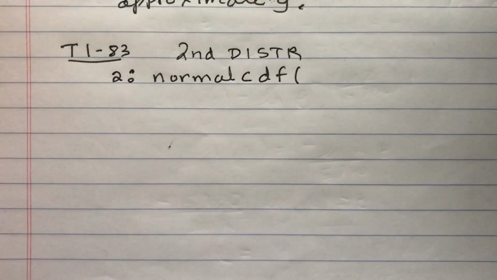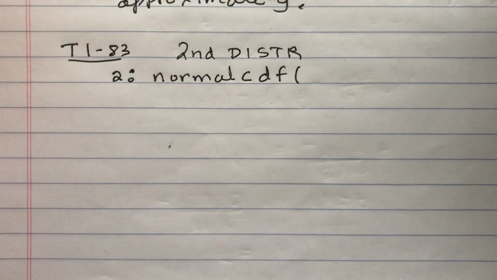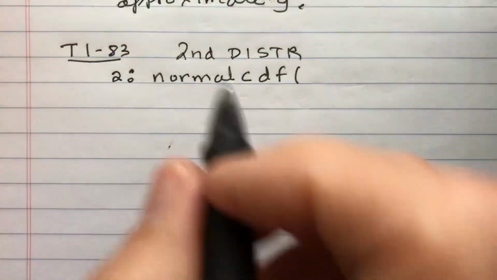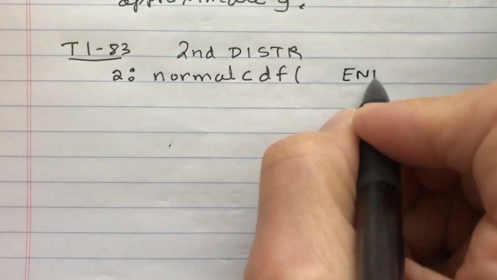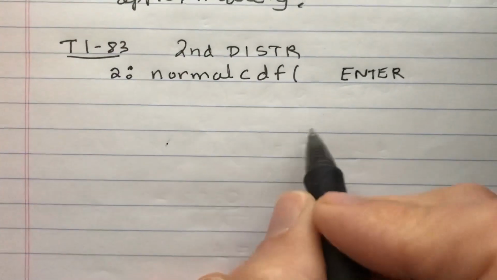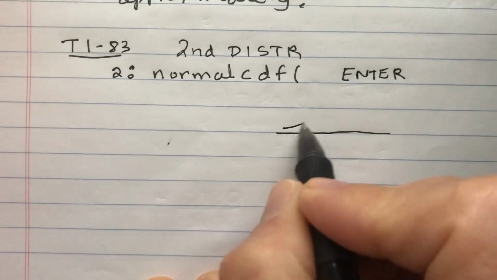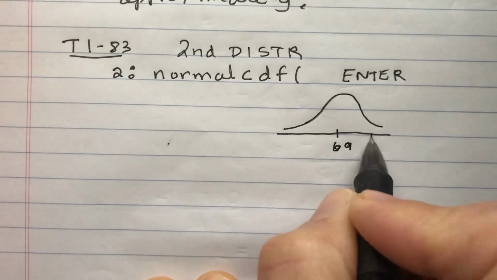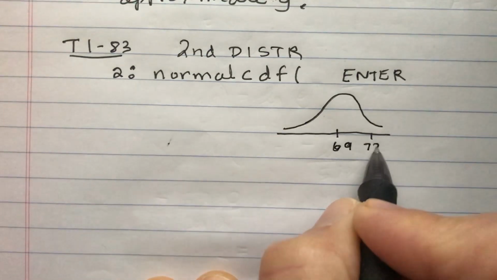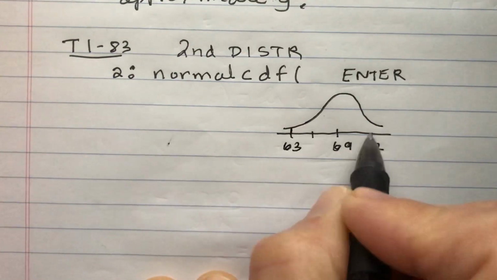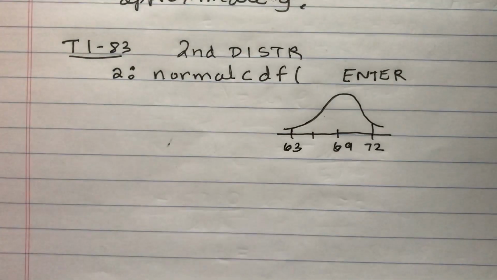Okay, so we go second distribution to normal CDF. Don't pick PDF. So CDF, and then you enter that. And again, I always require that a picture be drawn so we can see what's going on, as part of getting some points on the test.